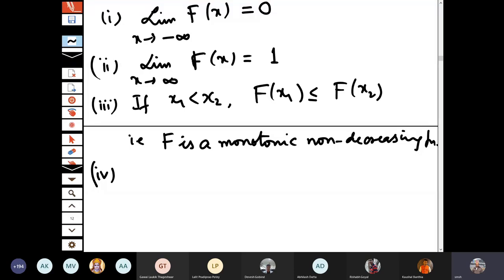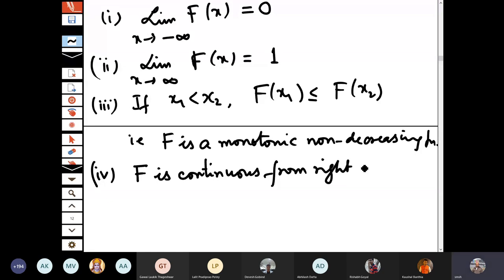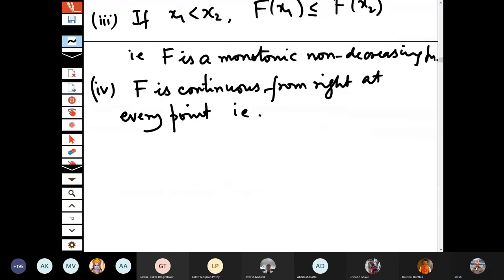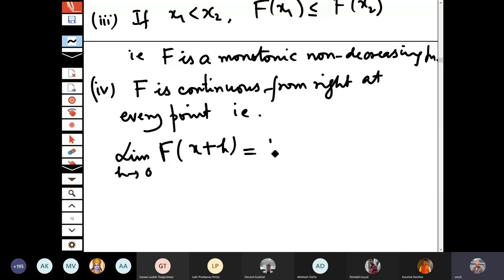And the next property is that F is continuous from the right at every point. That is, the limit of F(x+h) as h tends to 0 is equal to F(x).